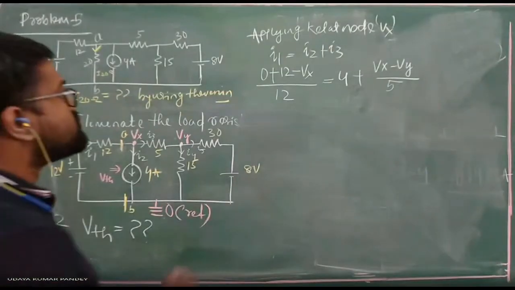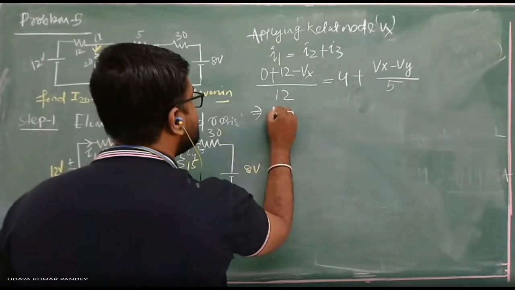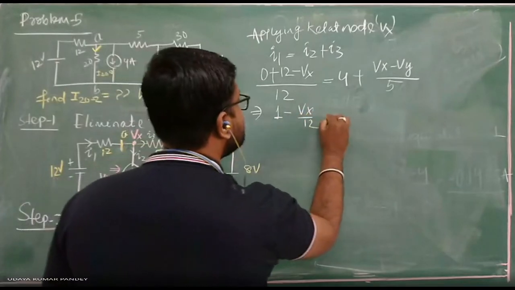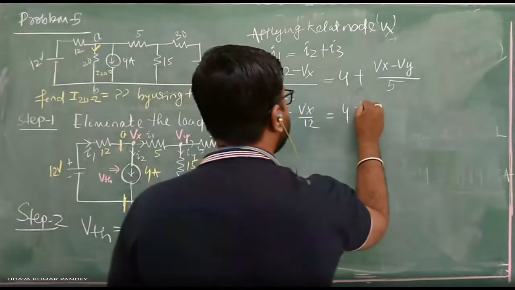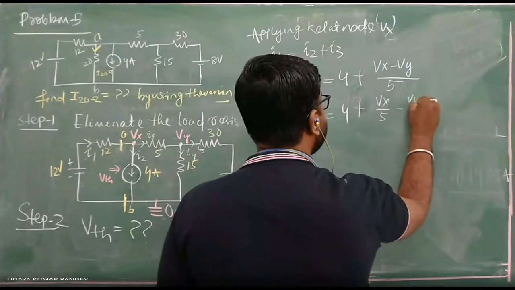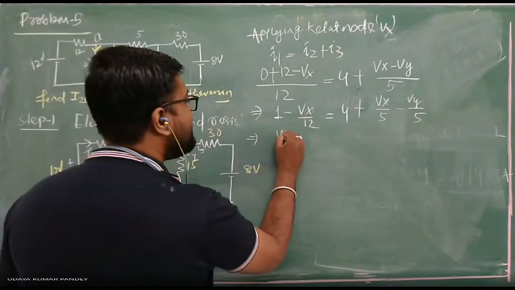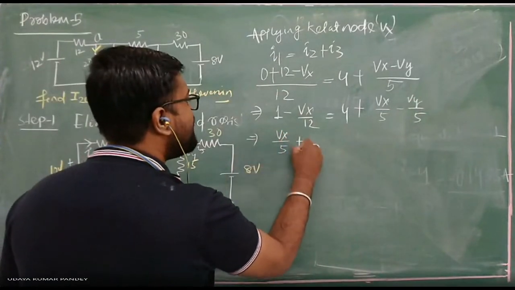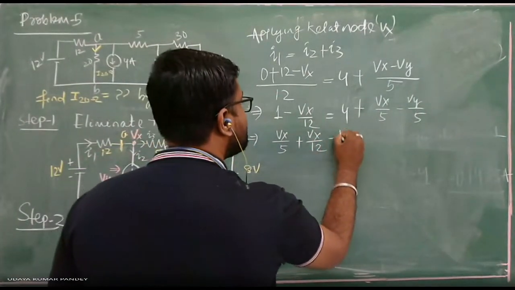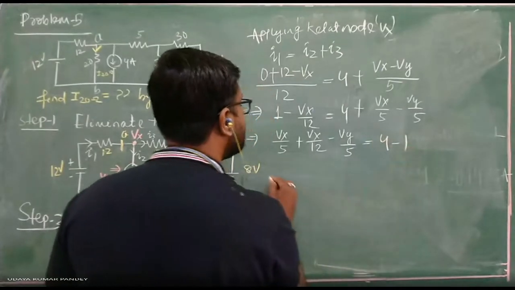Now we just solve this circuit or this equation. You have 1 minus Vx by 12, then 4 plus Vx by 5 minus Vy by 5. You can solve it like this: Vx by 5 plus Vx by 12, then again Vy by 5 equal to 4 minus 1.